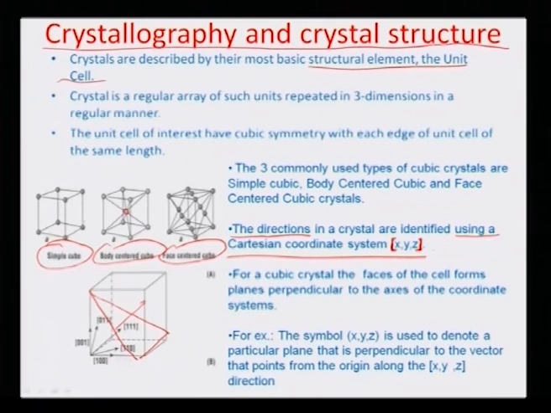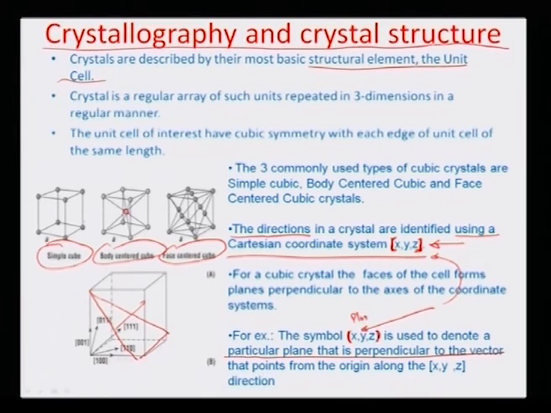So whatever it is, the directions are represented by these square brackets, and it is a sort of sign convention. And if you want to represent a particular plane that is perpendicular to the vector [x y z], you represent that by this round bracket (x y z), which is the plane of which [x y z] was the direction.